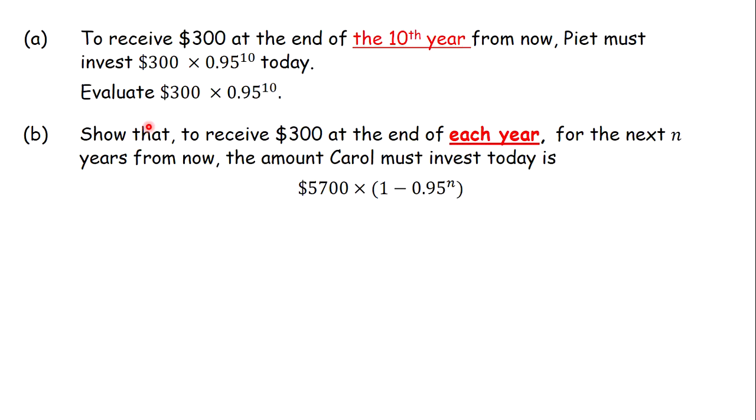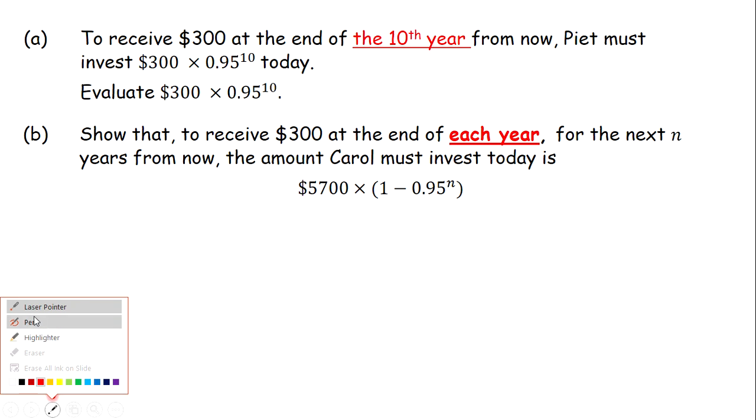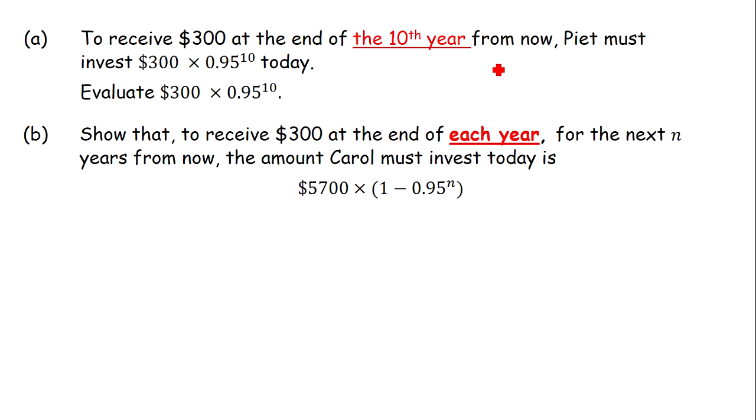Right, so Part A says to receive 300 at the end of the 10th year from now, Pete must invest 300 times 0.95 raised to the power of 10. If you look at this formula here, it kind of looks like your nth term of a GP, A r raised to the power n minus 1.